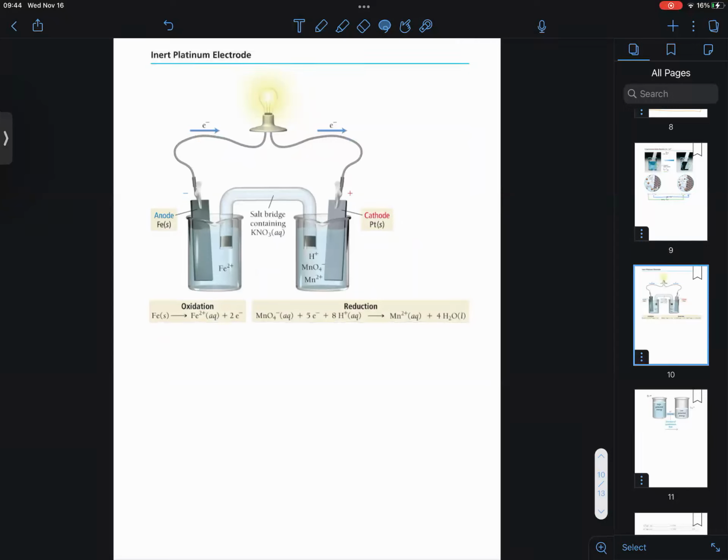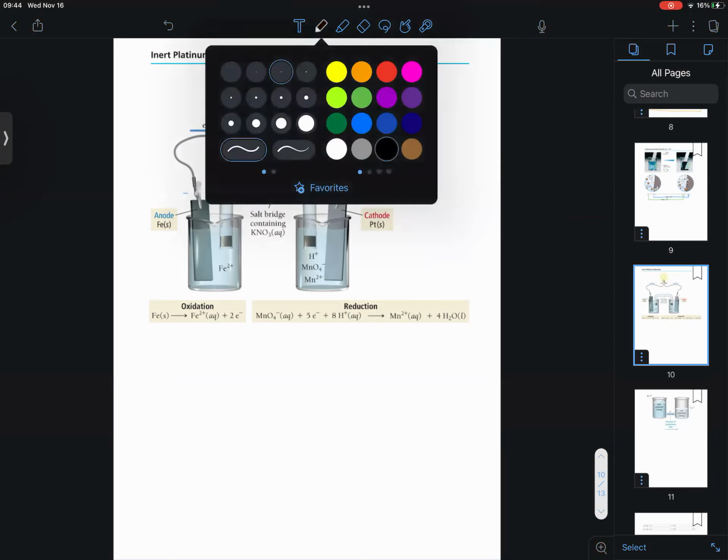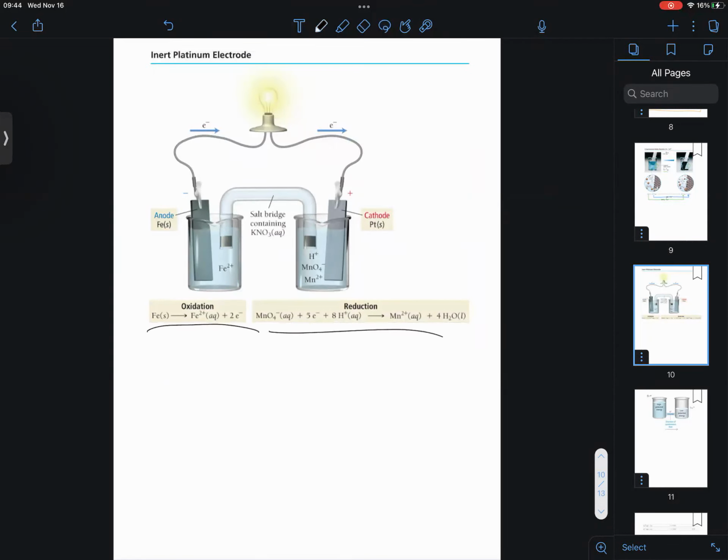Different materials will lead to different potentials. So let's make note of our oxidation reaction and our reduction reaction here. Again, the oxidation is occurring at the anode and our reduction is occurring at the cathode. So just make note of our half reactions here so we can look these up.